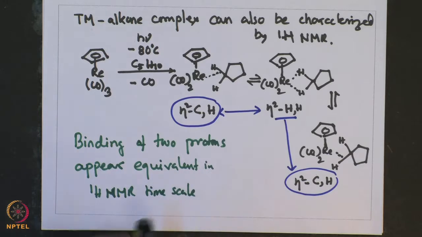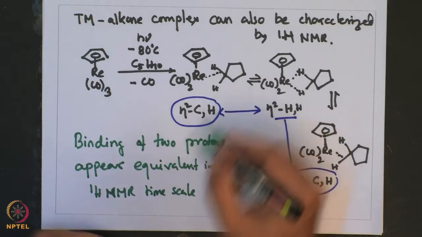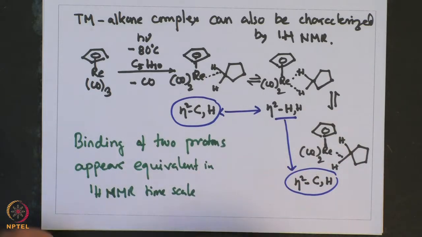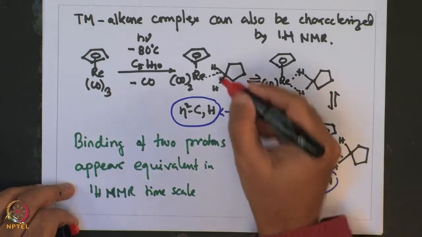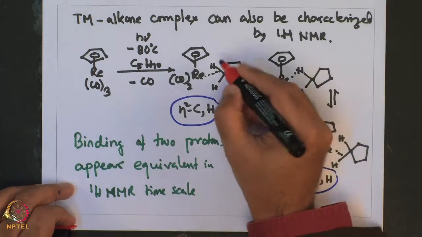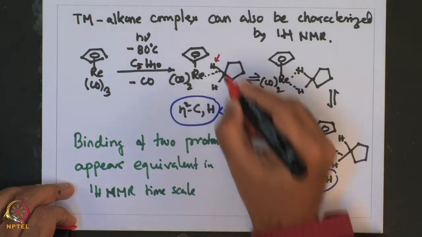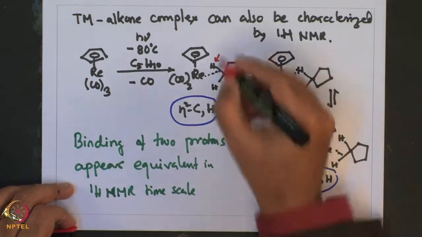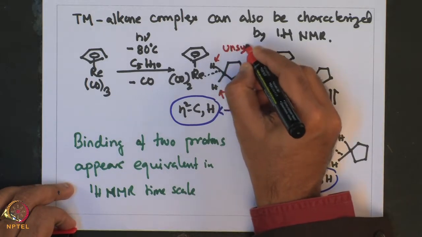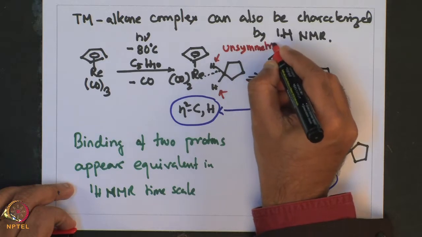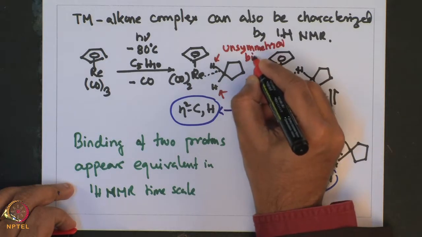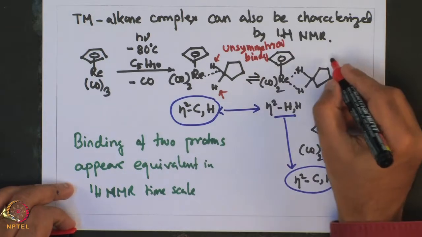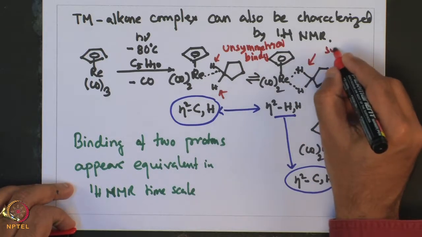So let me explain. For binding of this type, eta 2 CH, this is unsymmetrical. As a result, there are two different kinds of proton over here, whereas eta 2 HH is a symmetrical binding.